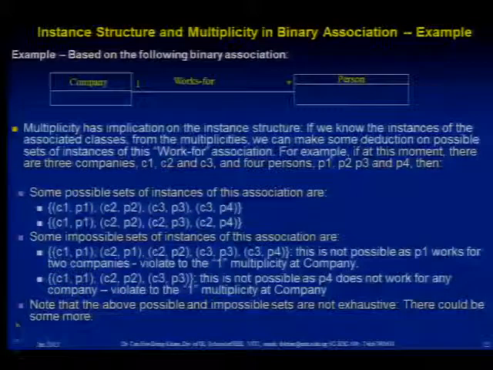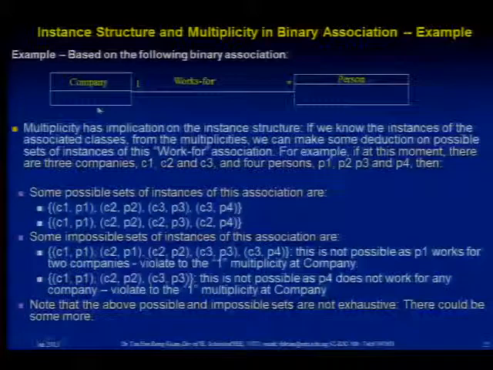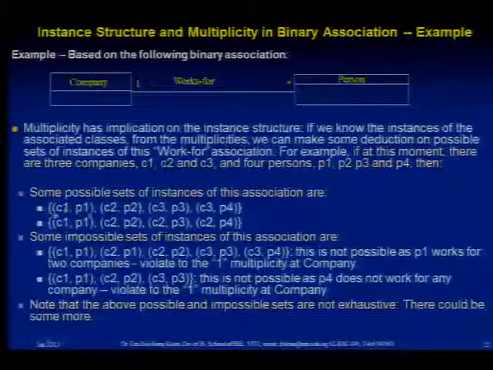Because this set satisfies all the properties of this association. In this set of workforce association instances, every person works for only one company, satisfying the multiplicity here. You can see that P1 is only in the first instance. We use mathematical notation to represent instances here. How many instances in this first set? 4, because we have 4 tuples.